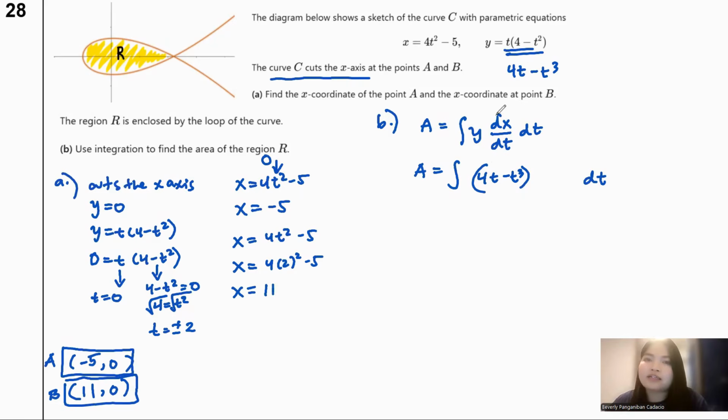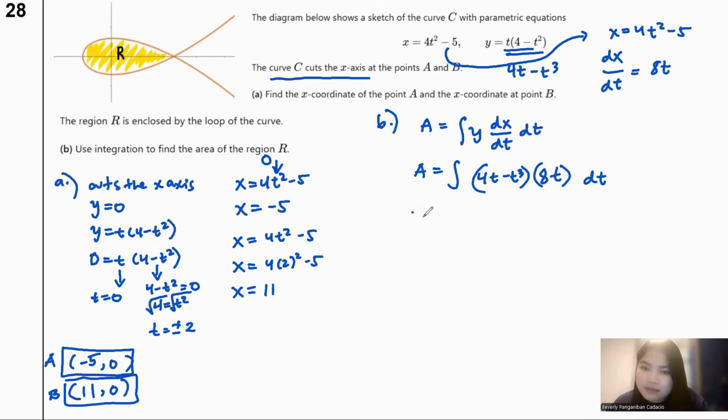dx over dt, you can get that by deriving x is equal to 4t squared minus 5. We're going to derive in terms of t. dx over dt is equal to 8t minus nothing, just 8t. Then I'm going to put my 8t there.